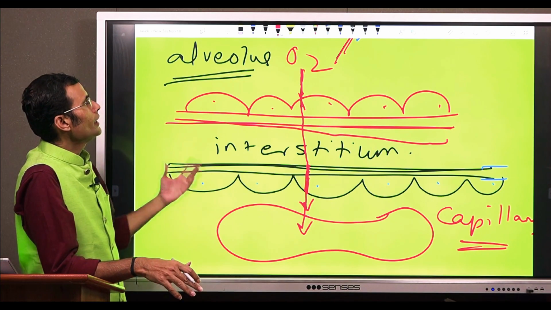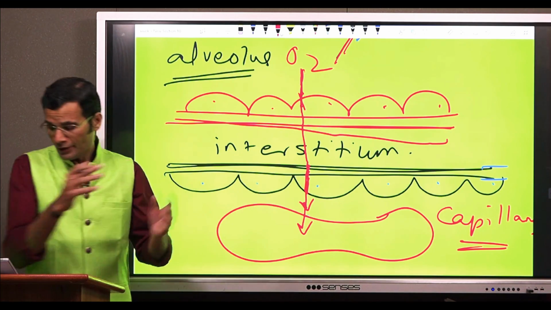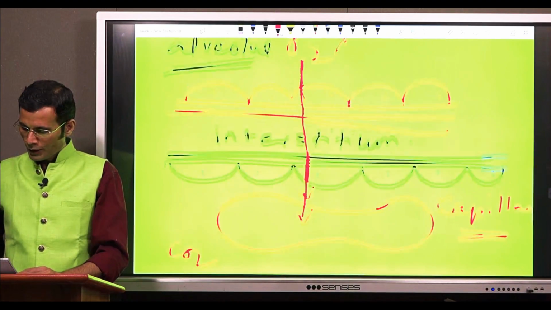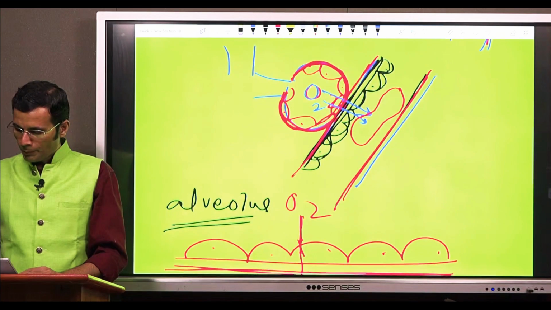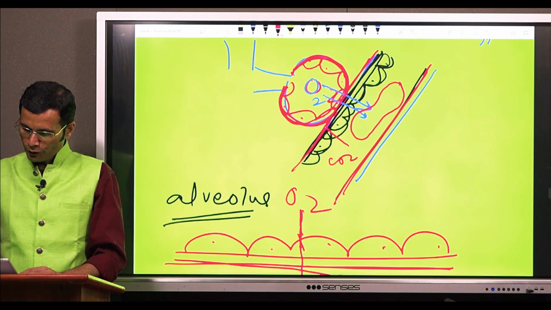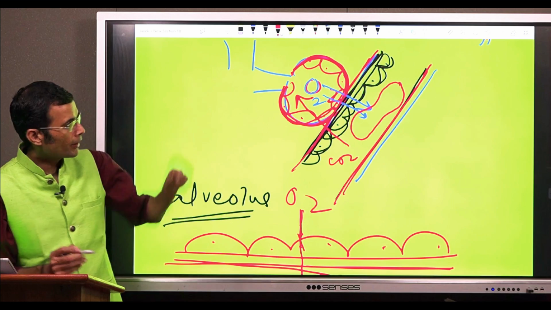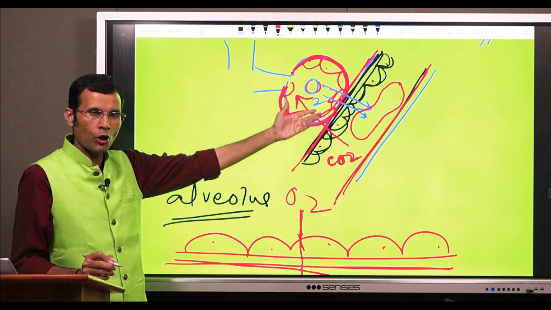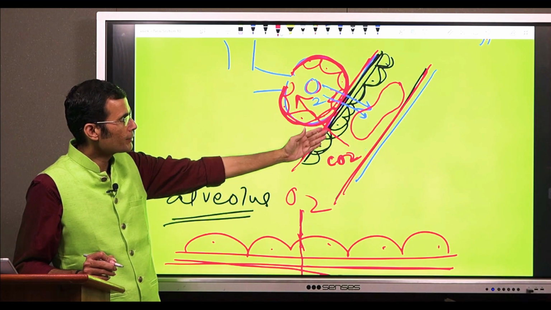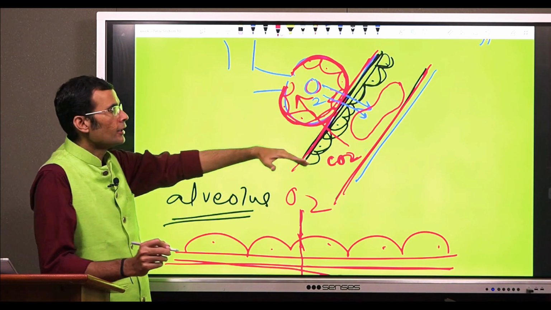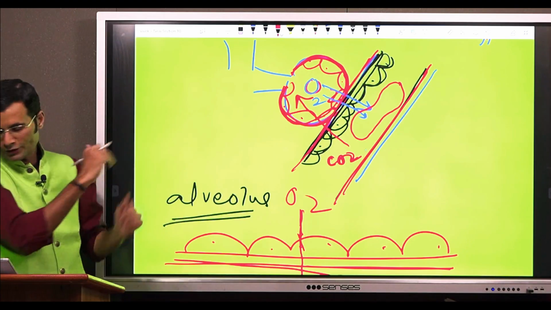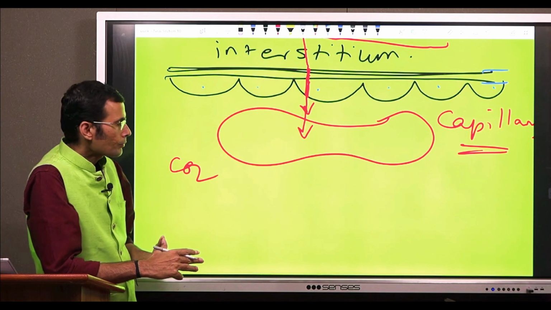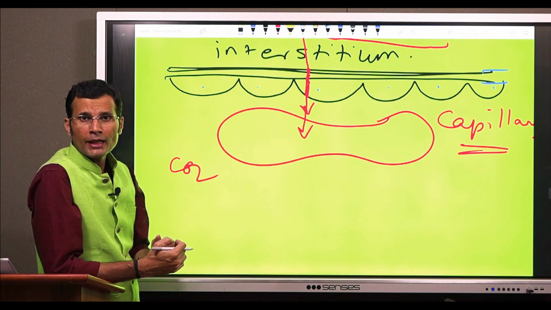These are the layers of the respiratory membrane, and carbon dioxide of course has to diffuse in the opposite direction. It diffuses from the blood into the alveolus and it will be expelled out. So this carbon dioxide has to cross all these layers in the opposite direction, the endothelial lining, then the basement membrane, interstitium, and then it has to enter the alveolus, crossing the layers. So that's the respiratory membrane, the layers of the respiratory membrane as we have enumerated.